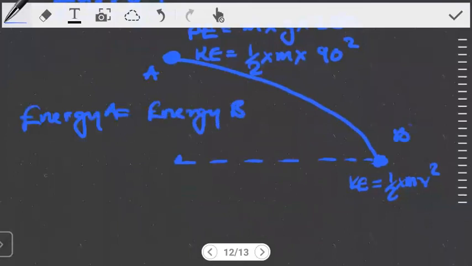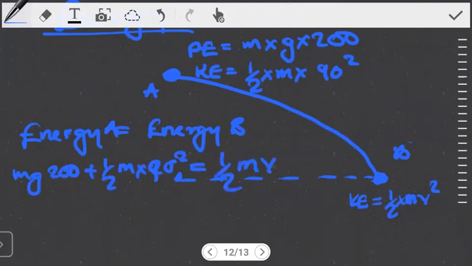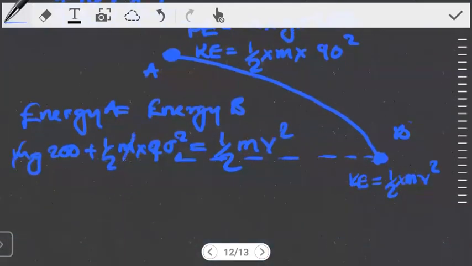At A, we have both potential and kinetic. So what we're going to have there is mg times 200 plus kinetic energy, half m times 90 squared. This has to be equal to the energy at B, which is just half mass times V squared. We're looking for that V squared. Here you see that the mass is going to cancel out.